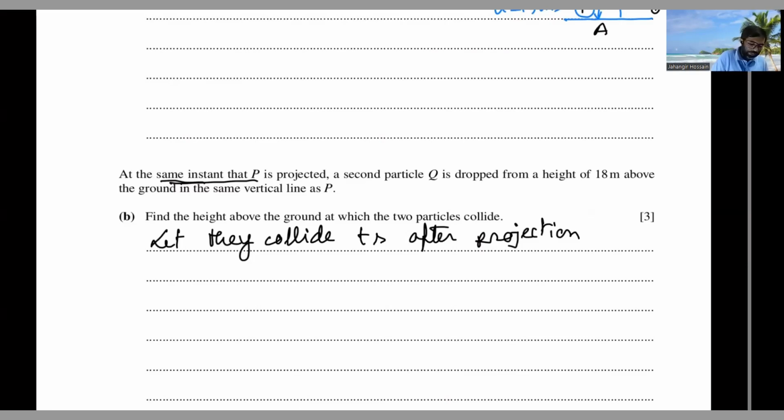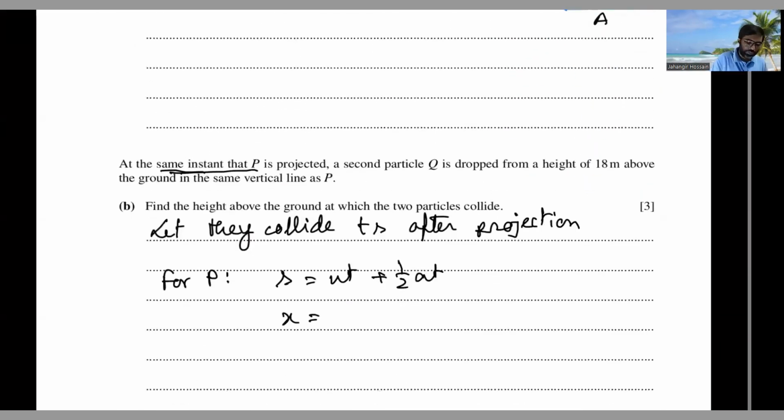In this t seconds, the distance traveled by P, which is moving up, is s equals ut plus half at squared. So s is denoted by x here. So x equals 15 into t plus half into minus 10 into t squared. That is 15t minus 5t squared.